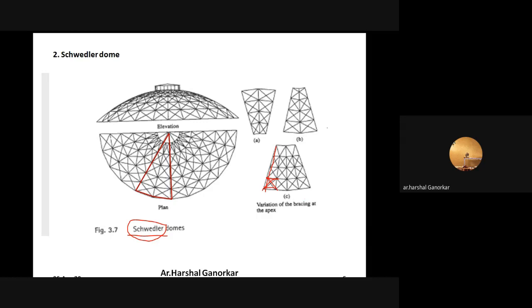And here A, B, C. This A, B, and C are different apex levels, or variation in apex level. We can see in this diagram there is variation in apex level. This will extend to this, then again there will be an extension to this, and then another extension to this.